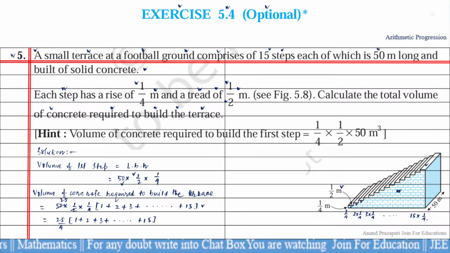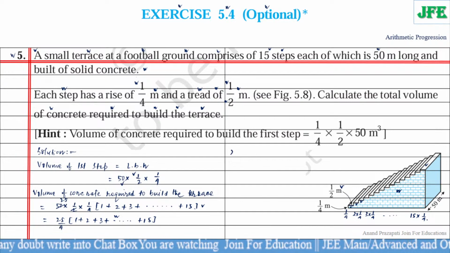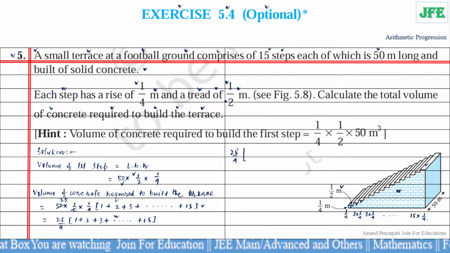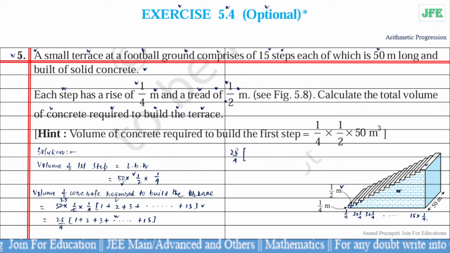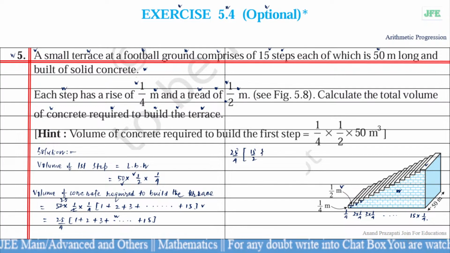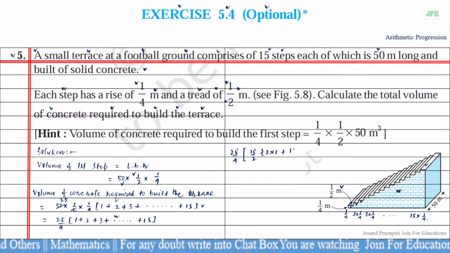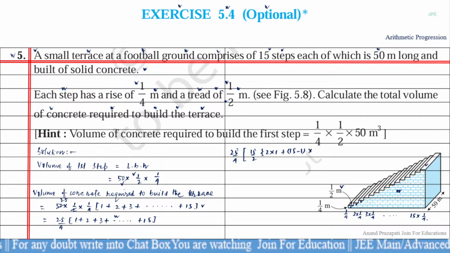So according to the Sn, the sum of this will be 25 by 4 and n by 2 into (2a plus (n minus 1)d). Here n will be 15, a is 1, so 2 into 1 plus (15 minus 1), and here d will be 1.